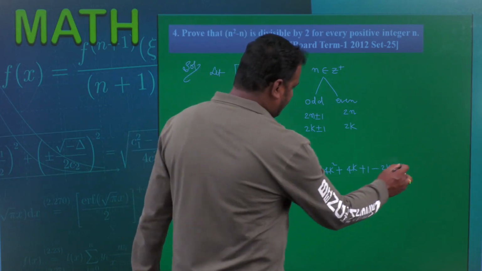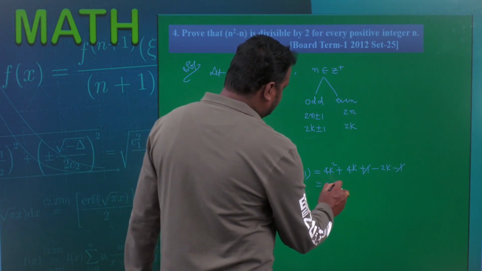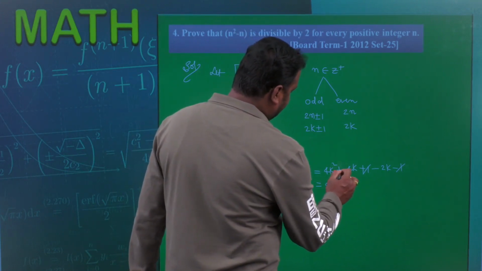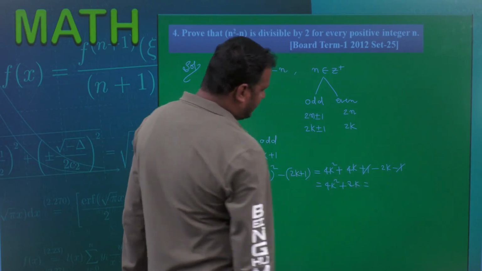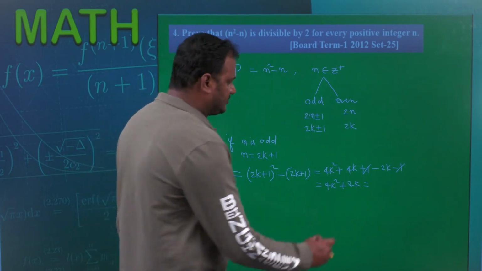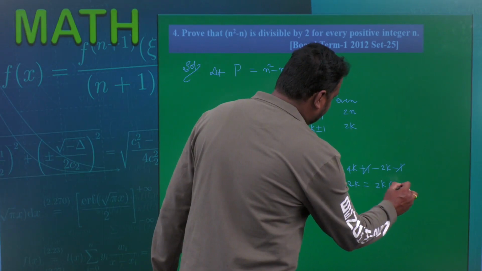Here minus 1 plus 1 gets cancelled and it is 4k square plus 4k minus 2k, which is plus 2k. So totally you can take 2k common, so 2k times (2k plus 1).